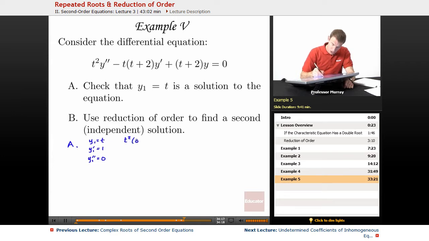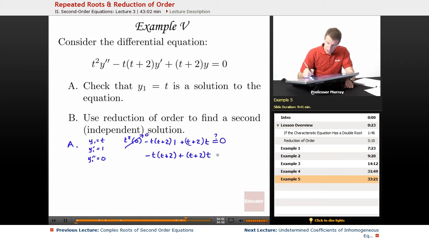So we get t squared times 0, minus t times (t plus 2) times y prime, which would be 1, plus (t plus 2) times y, our y is t, and we're checking to see if that is equal to 0. And so the 0 term drops out here. So we've got minus t times (t plus 2) plus (t plus 2) times t, and we're checking to see if that equals 0.